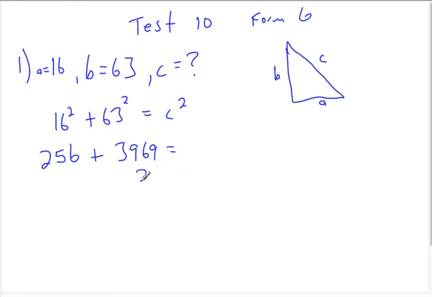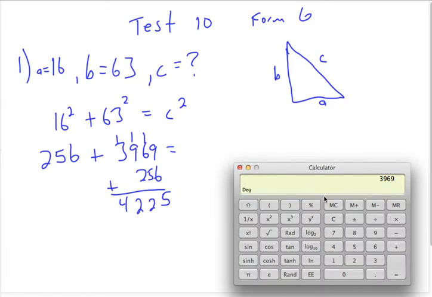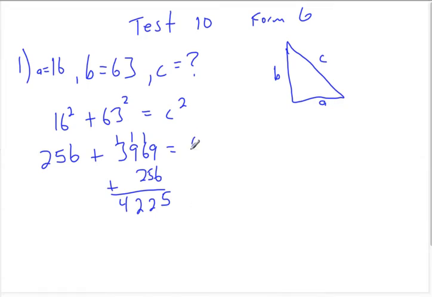What do you get? 4225. Let's figure out what the square root of that is. It's 65. So we know that C equals 65.